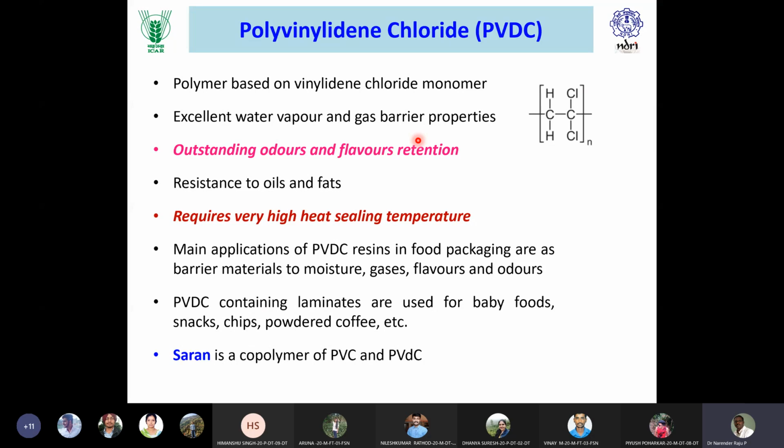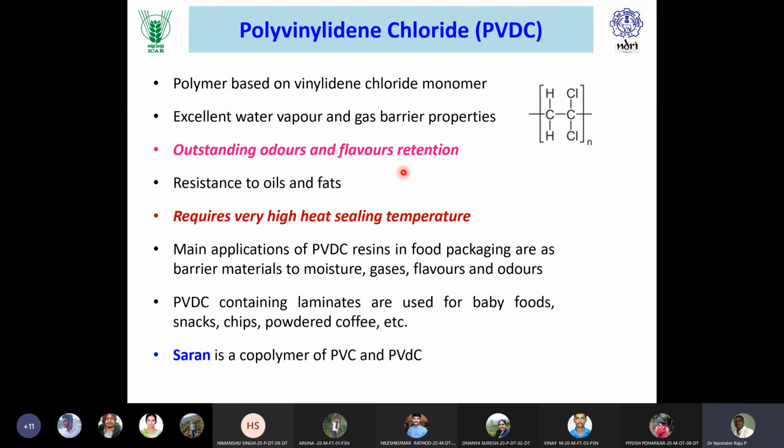Polyvinylidene chloride, because of the paucity of time, I'll just give you a highlight. You can see the monomer here having two chlorine atoms on the carbon atom. It has an outstanding odor and flavor retention ability. And because of this, it is not used commonly as a commodity plastic, and it is considered a specialty plastic.